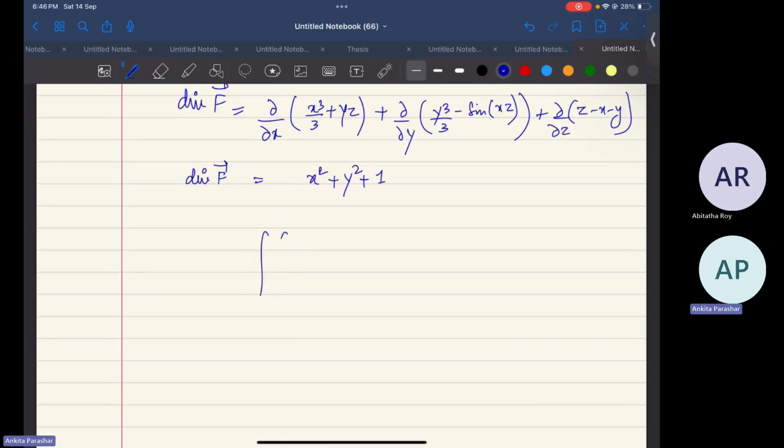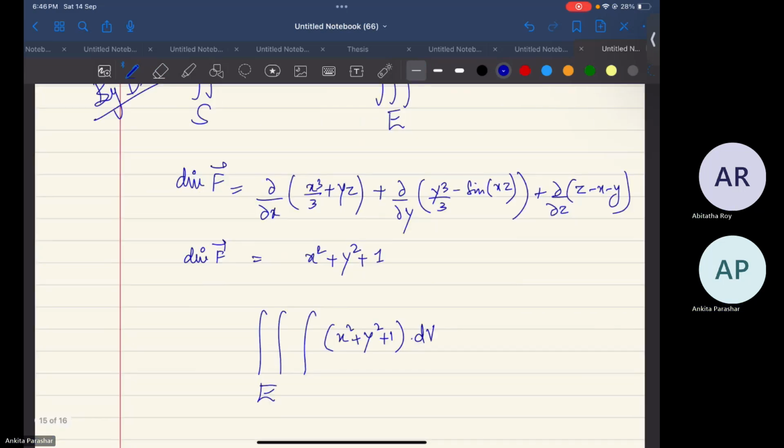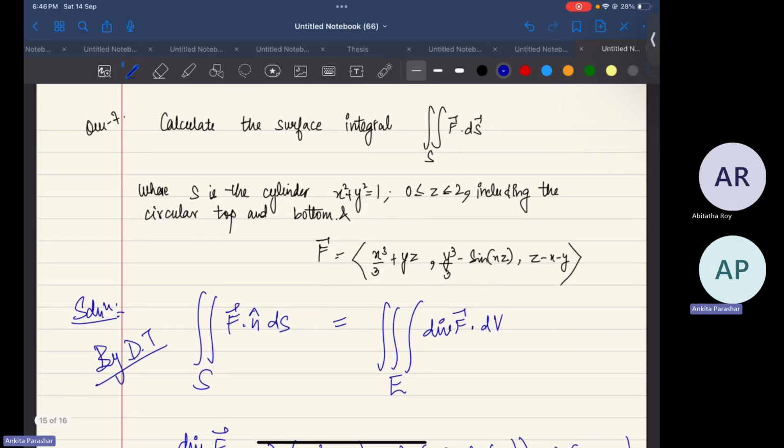So x square plus y square plus 1 times dv, and then over the region. The region is the cylinder.